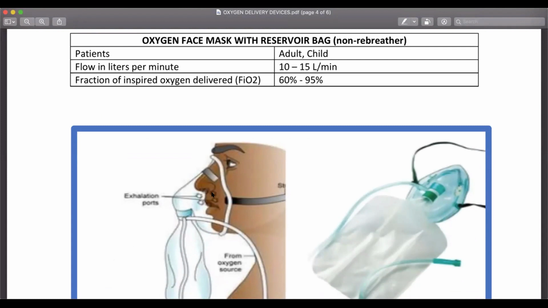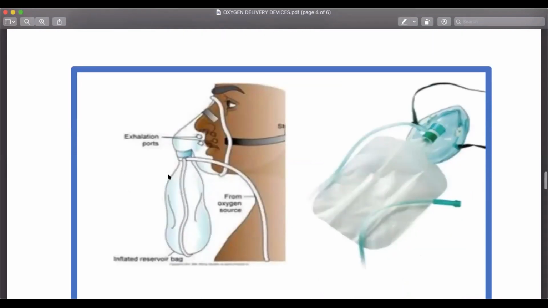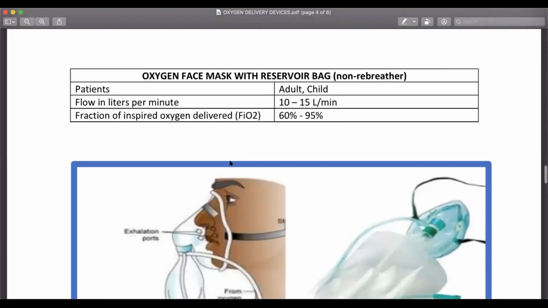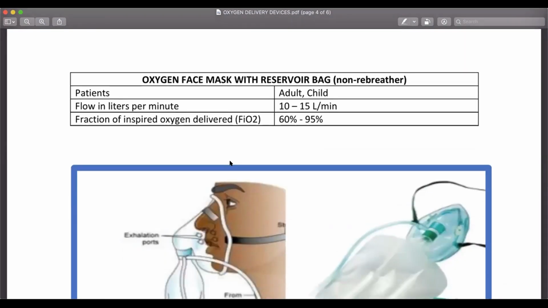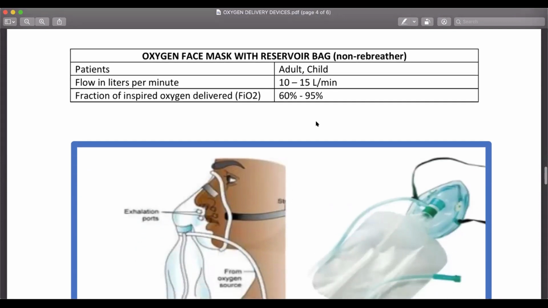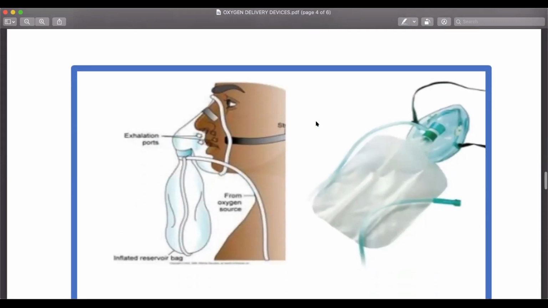If you don't have another device, it's okay to use lower flows, but it's designed to have 10 to 15 liters of flow, because what happens is the reservoir bag will inflate with extra oxygen, so that every time the patient takes a deep breath, they have the oxygen that's flowing in as well as the oxygen in the reservoir bag. And that allows the FiO2 delivered to reach somewhere between 60 to 95%. So this is a very high FiO2 for use in these masks.